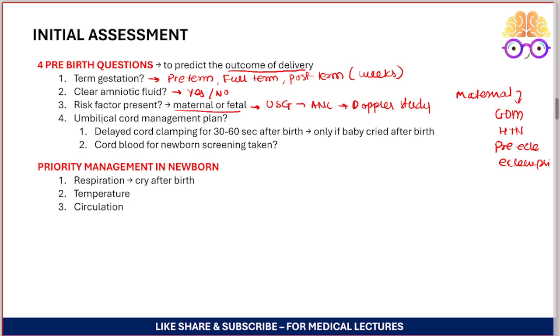Then we need to ask the fourth question, which is the umbilical cord management plan. What are we supposed to do with the umbilical cord when the baby is delivered? First is delayed cord clamping, for 30 to 60 seconds after birth. But the catch here is, only if the baby cried after birth.